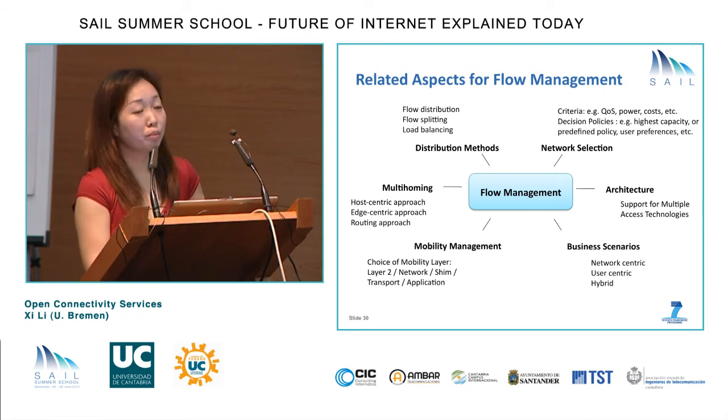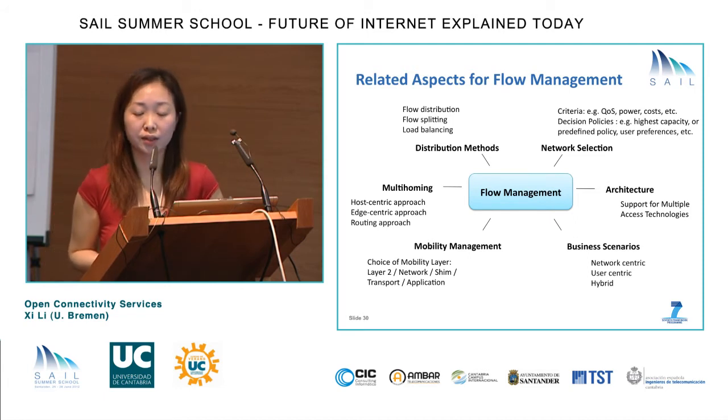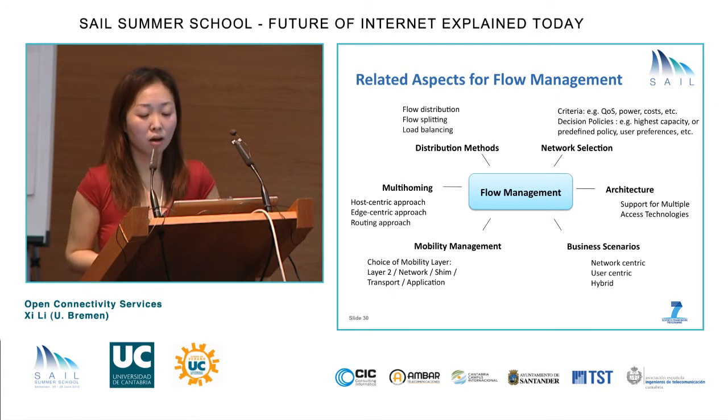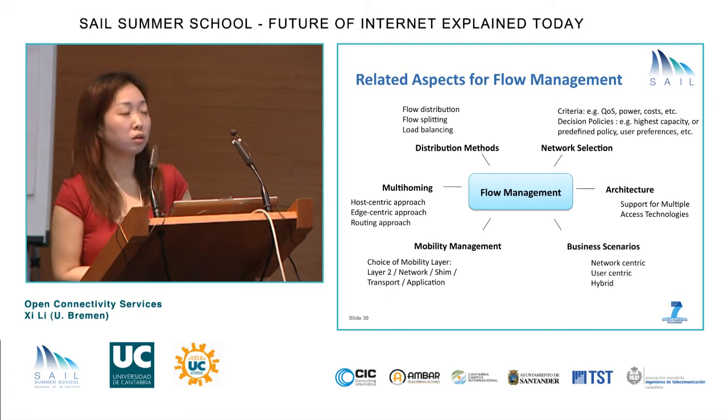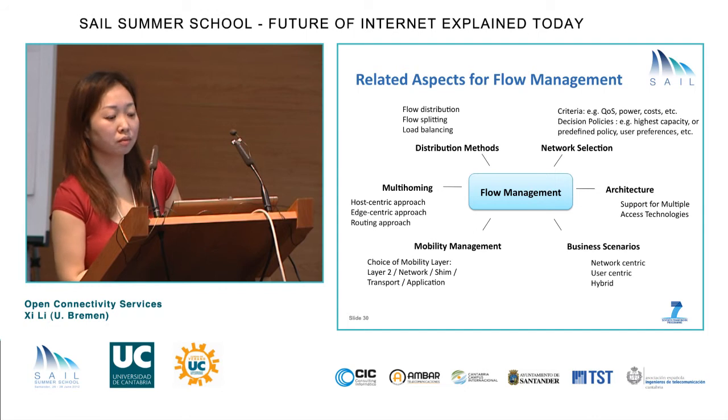To realize the flow management, we also require the technology of multi-homing, the support of mobility management, and in addition, an architecture that is able to integrate multiple different access technologies. And for business scenarios, when we design the flow management, we need to think about whether we want to go for the network-centric, the user-centric, or a hybrid approach.